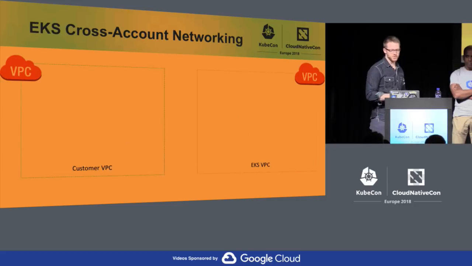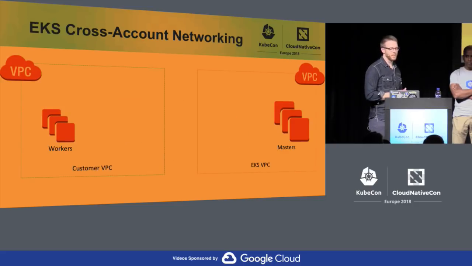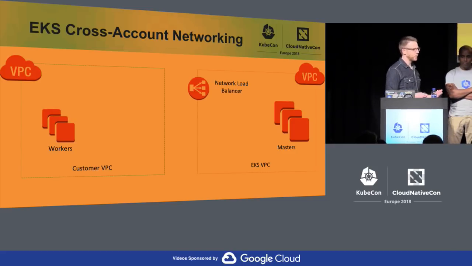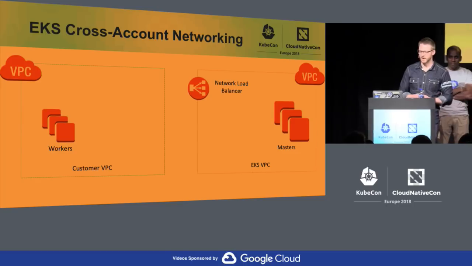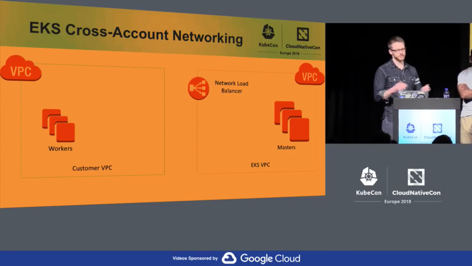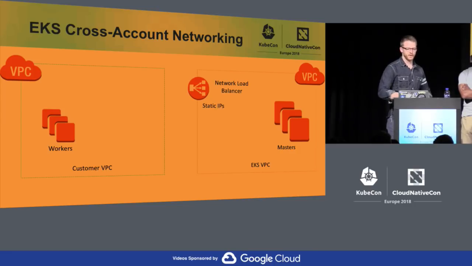So in a situation where you're running EKS and you have your masters and workers in different VPCs, this presents a unique challenge. We could ask you to open up security groups so we can reach into your instances and invoke that connection to your kubelet, but that felt nasty, so we decided not to do that.